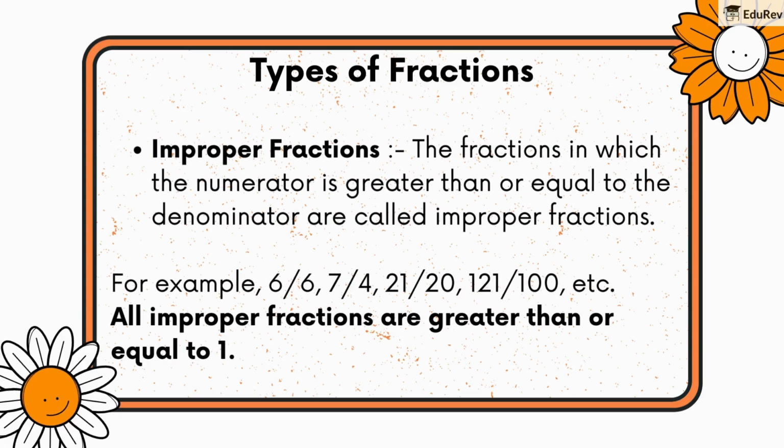Improper fractions: the fractions in which the numerator is greater than or equal to the denominator are called improper fractions. For example, 6 by 6, 7 by 4, 21 by 20, 121 by 100, etc. All improper fractions are greater than or equal to 1.